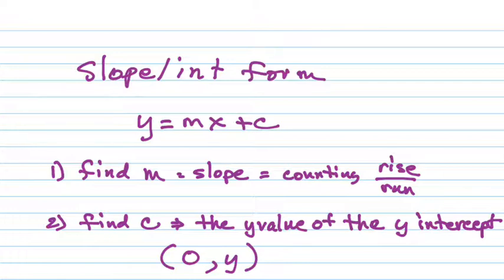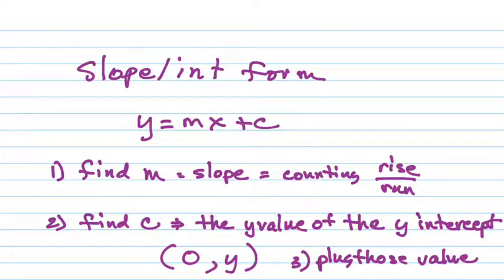All right, so all I need to do is find the slope by counting rise over run from any 2 points. We've done that several times. And then find the y-intercept and identify the y value there. And that's it. Then, step 3, plug those values in. I always say plug, but substitute is the proper mathematics term.